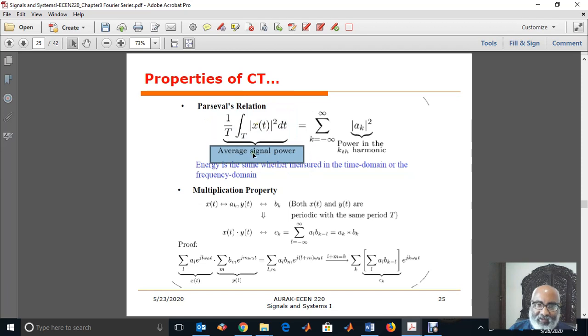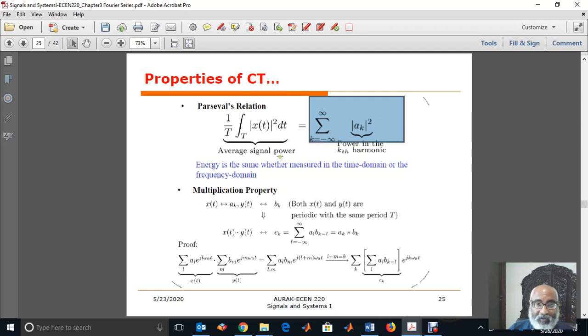You can get it in time domain using this relation, and you can get it in frequency domain using this relation, which is the summation of the absolute value of a_k squared from k equals minus infinity to infinity.